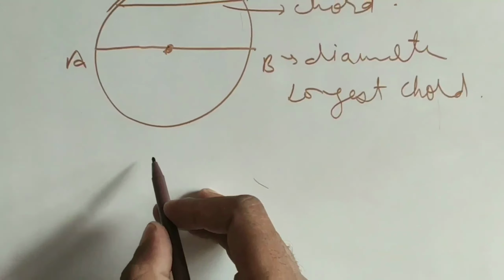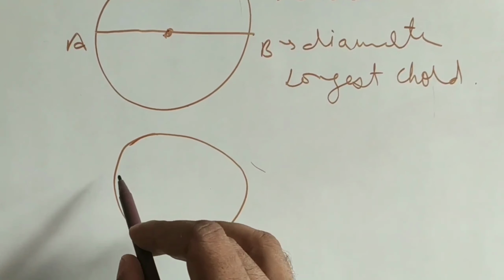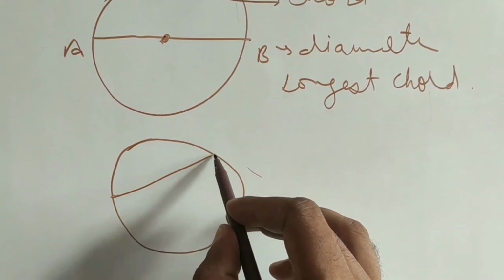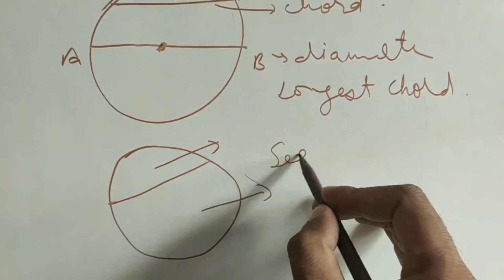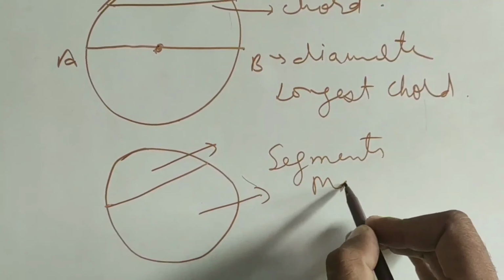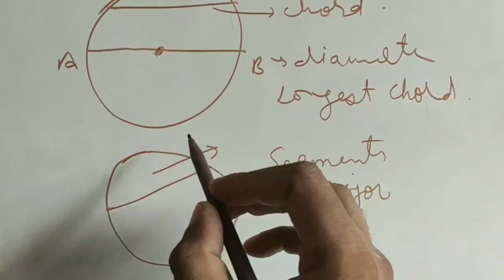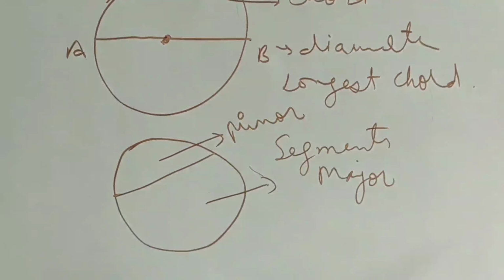Next, a chord divides a circle into 2 segments. Now if I join this, these 2 parts are the segments. The bigger one is the major segment and the smaller one is the minor segment.